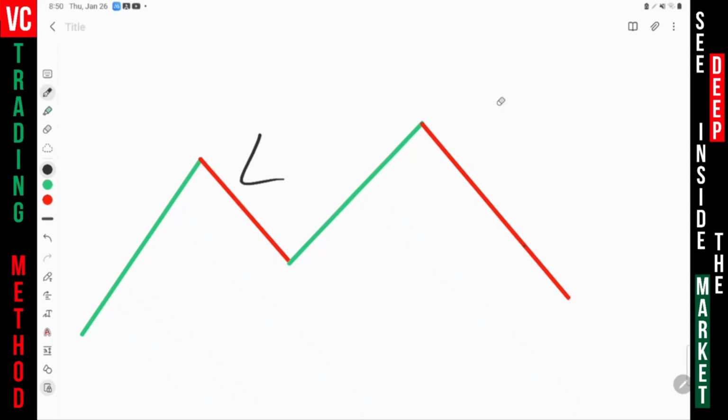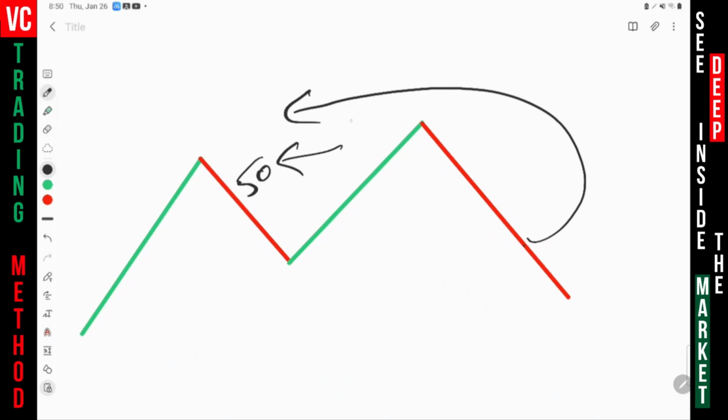If this wave has, for example, $50, the value of this wave, just as an example, is 50, and we compare it with this one, what can be the value of this wave? Just give me a rough idea.